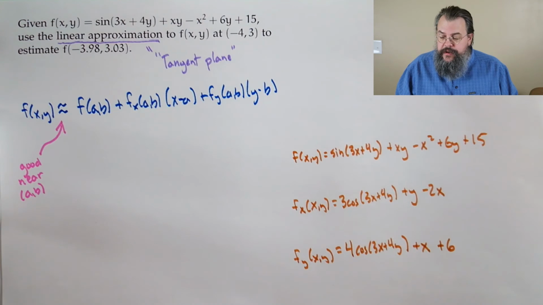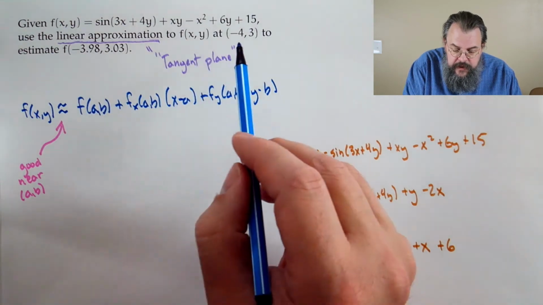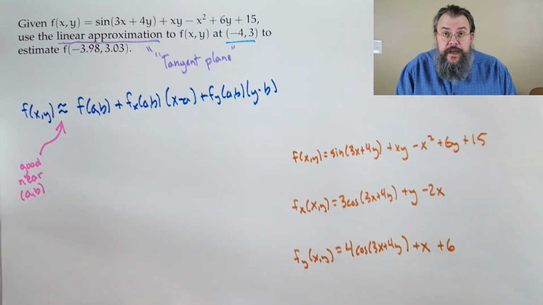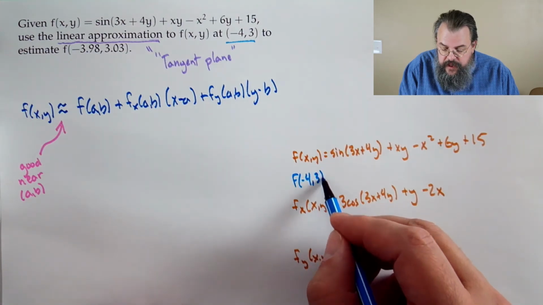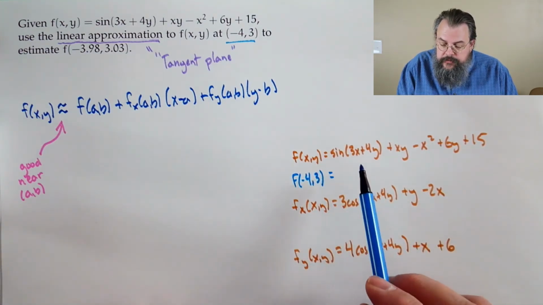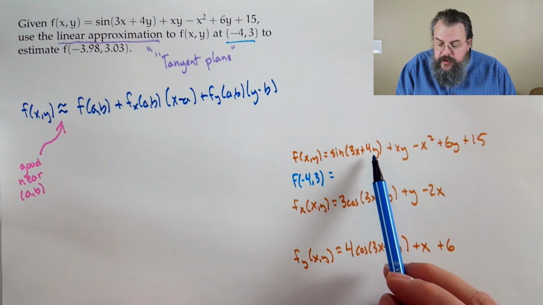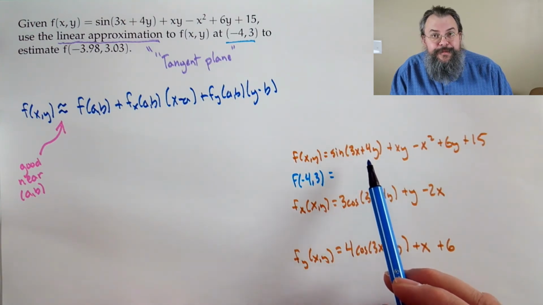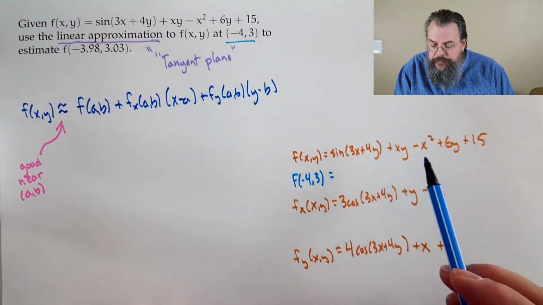Now we need to evaluate. So we have our point here, we're told, negative 4, 3. So the function at negative 4, 3 is, well, negative 12 plus 12 is 0. Well, that's a nice number. Sine of 0 is 0, so that goes away.